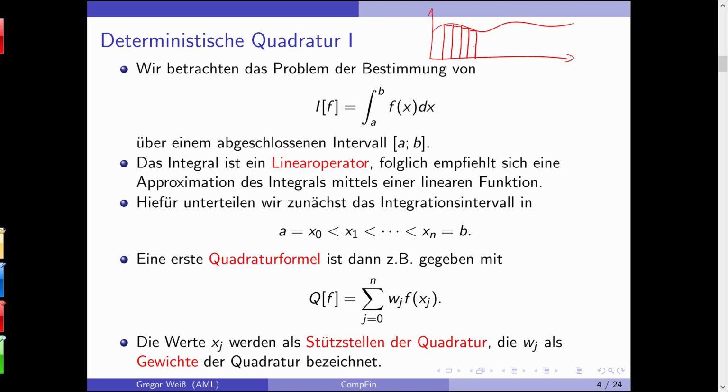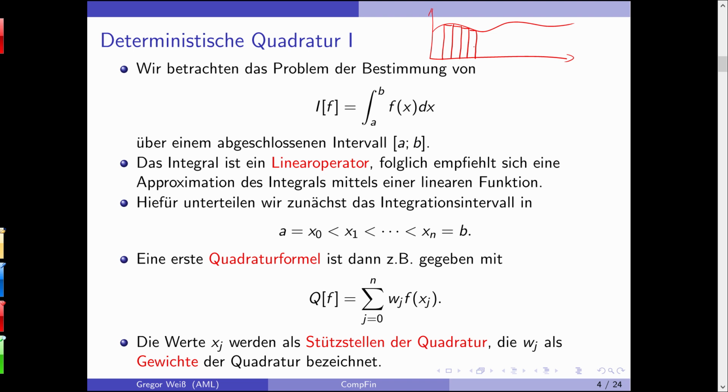Why? It's linear because it's defined as the sum, meaning that if you want to add something, you are adding something to a sum, so it's already a sum of not just n elements, but then n plus 1 elements. So it's a linear operator, so it makes sense to approximate the integral with a linear function.